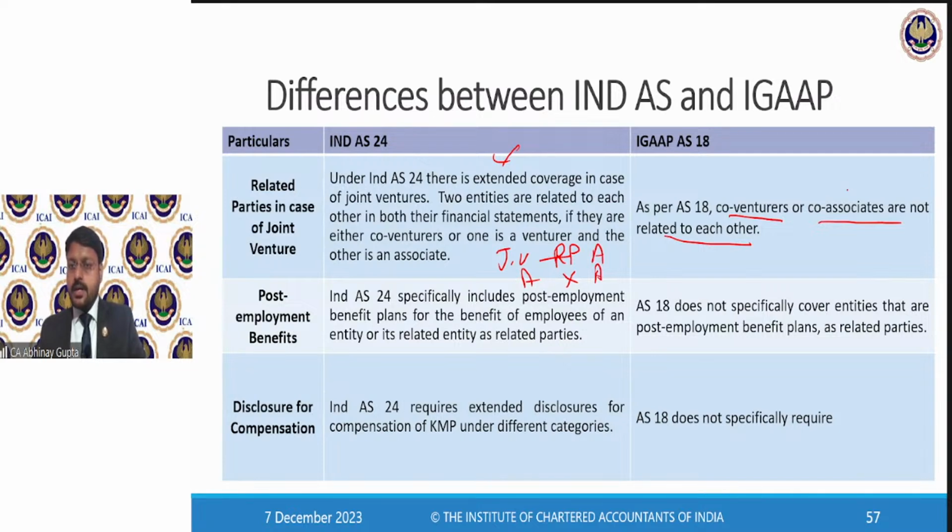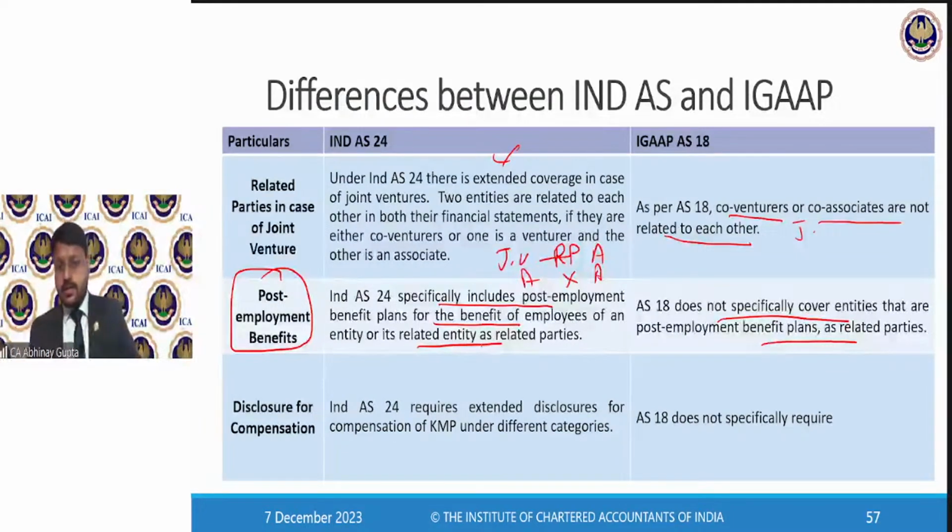That we have already discussed. Post-employment benefit plans: earlier under Indian GAAP, we were not disclosing these as related parties. Now, because Ind AS specifically asks for these disclosures, we will be disclosing all these trusts and the transactions with them in the financial statements as related party transactions, right?